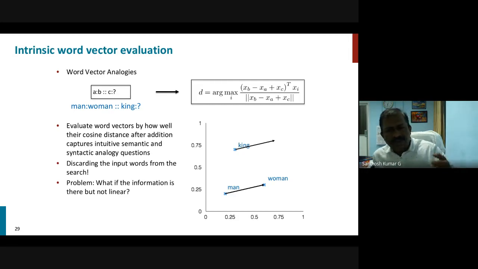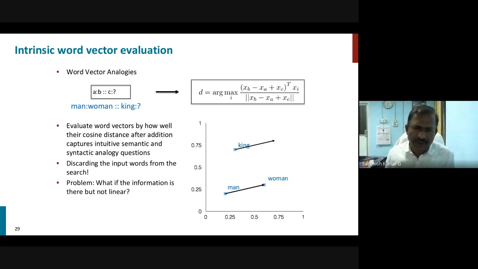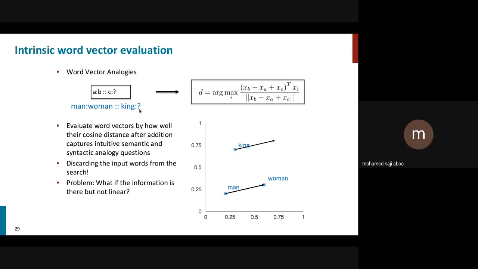So we took man and women, two vectors, and we took a king vector. And we are trying to find out all the possible representations in the vector space, so that we will be getting a vector to replace the question mark here.